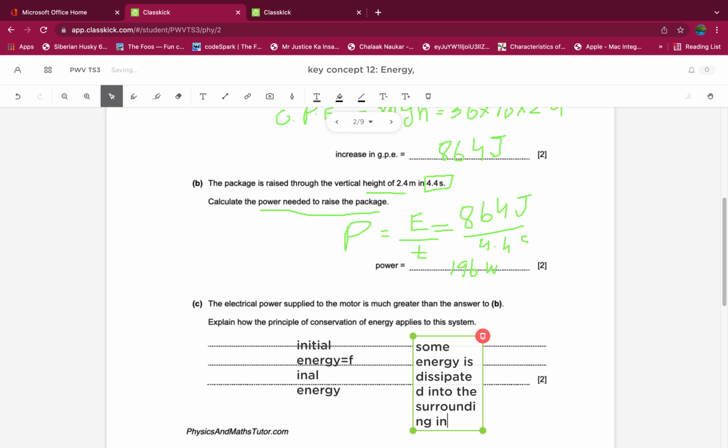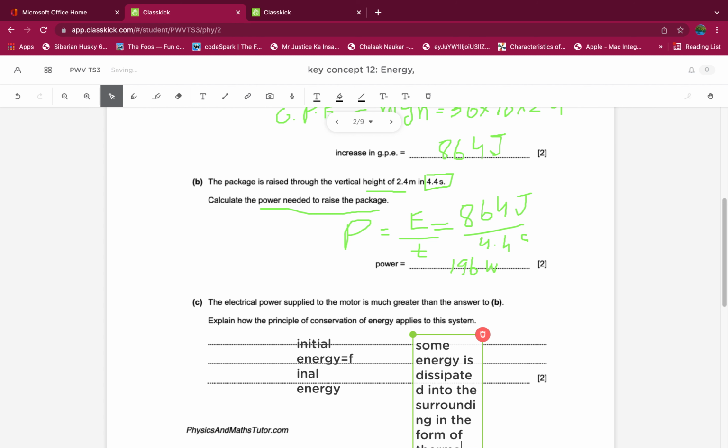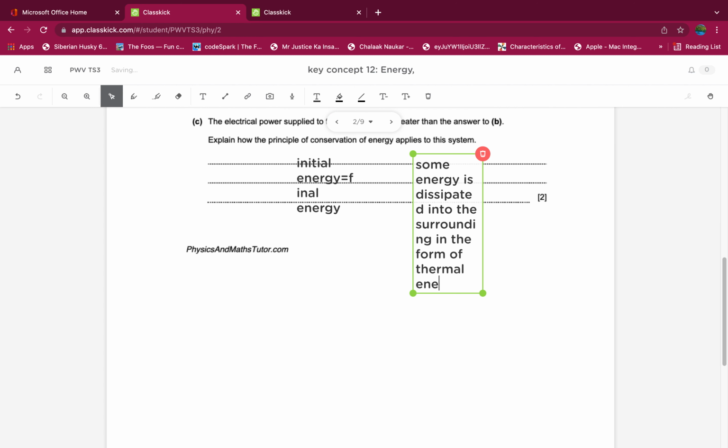In what form? We must mention the proper words here: in the form of thermal energy, heating. This will be your complete answer.